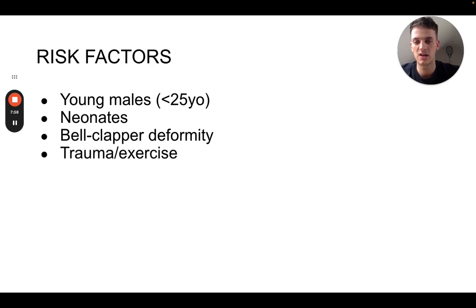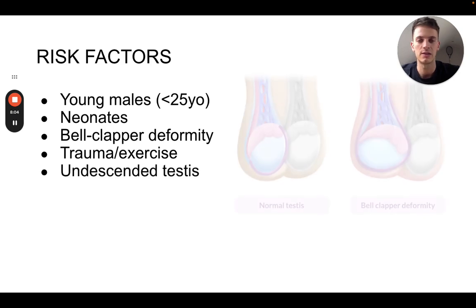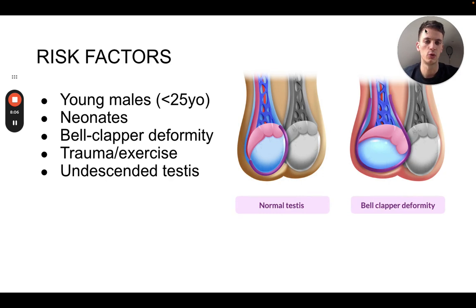Trauma or exercise, it can be something as innocuous as exercise that can tort a testicle, and having undescended testes. And this is that bell clapper deformity I was speaking about. So the testicle isn't fixed in its correct axis, it's hanging loose and it's hanging horizontal. So this patient had a horizontal lie, probably due to a bell clapper deformity, which has caused a torsion.